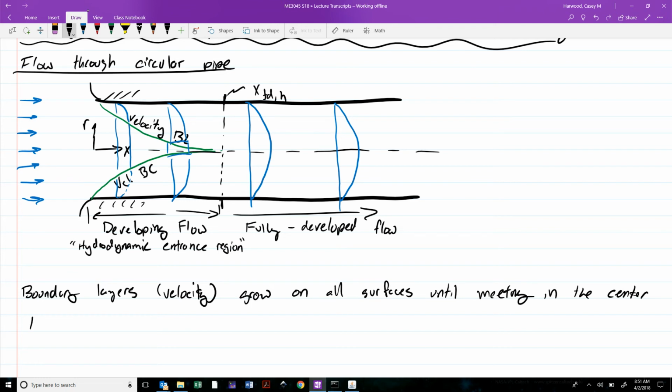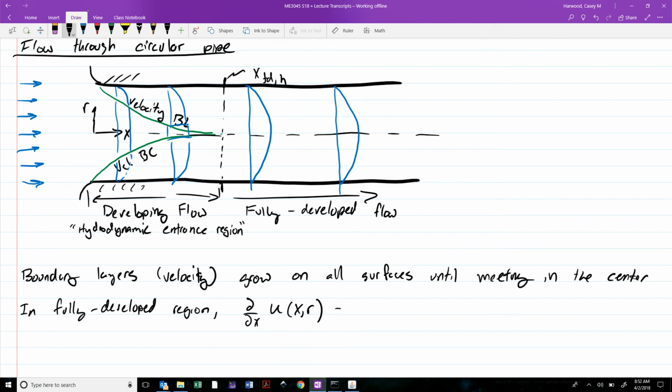And then in the fully developed region, the following condition holds: the derivative with respect to x of u, which is ordinarily a function of the position in the pipe, both radially and axially, that variation with x goes to 0, which means that u becomes a function of r only, which is why the velocity distribution here and here can be identical.